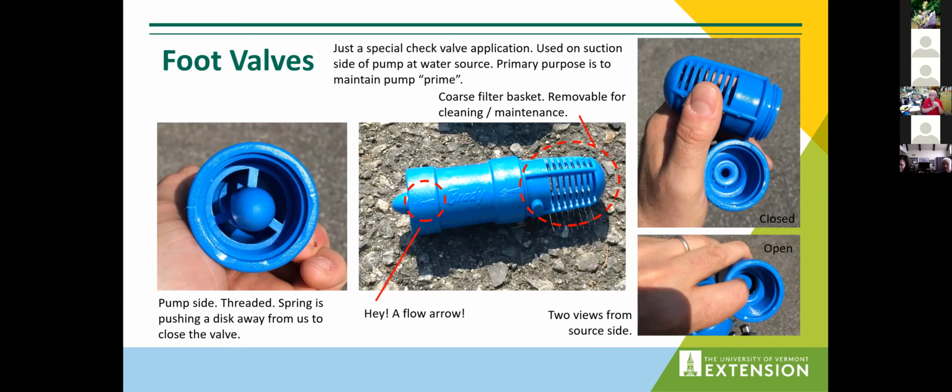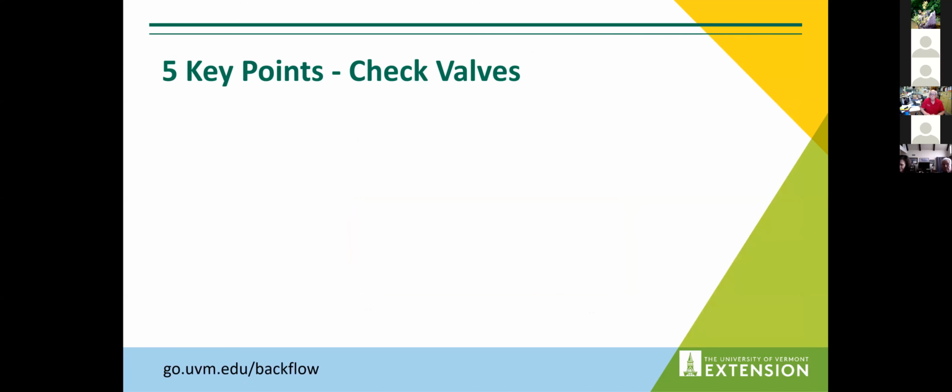And that way, when you turn the pump on, you get a little bit of water in, it opens up, and you maintain your prime. If you didn't have this, it would not maintain the prime. And you can see on the right there where it's closed on the top one, and on the left, they pushed your finger in and it opens up.